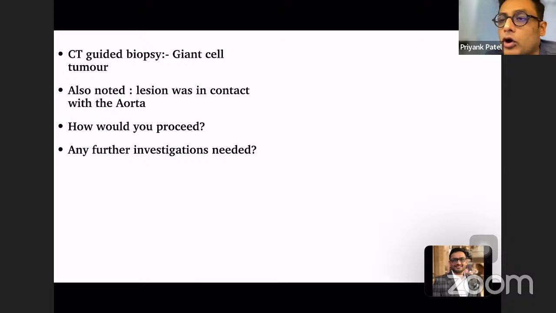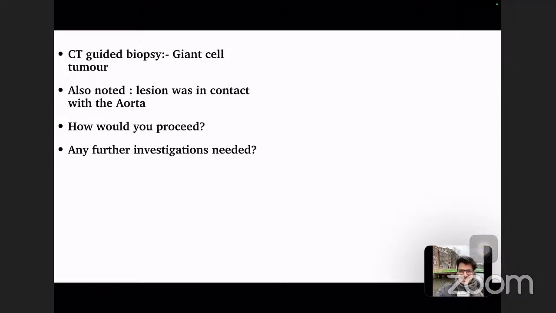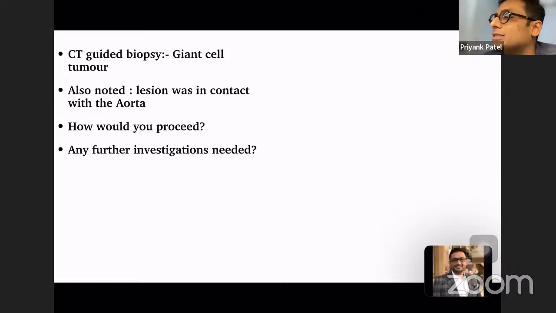And what is your usual protocol of providing denosumab? What is your dose? So my usual protocol is give 120 milligrams every 15 days for 3 months and then review and see. In general, in literature, there has been no complete consensus on how long you want to give denosumab before the surgery.